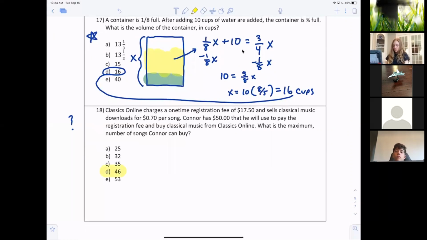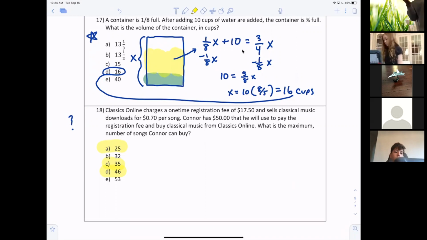Thank you, 46. 35 is good. 46. 25 is good. Anybody else want to take a shot at it? My homeschool peeps, what do y'all got? 46, 46, 46. All right.